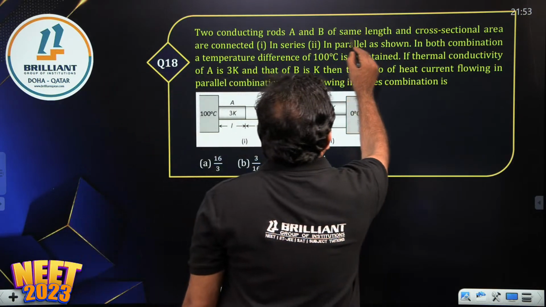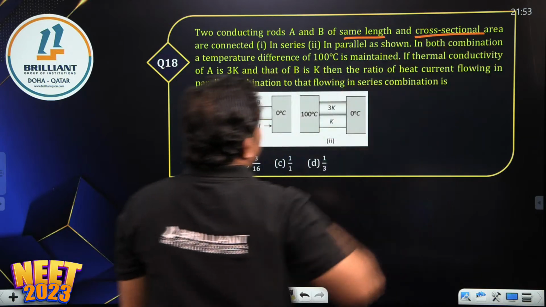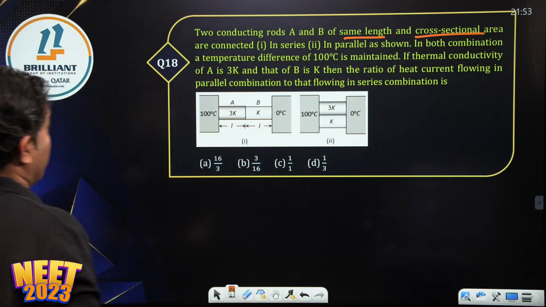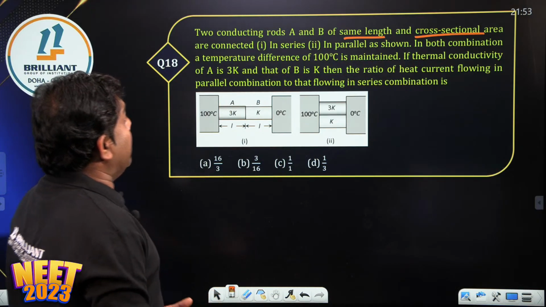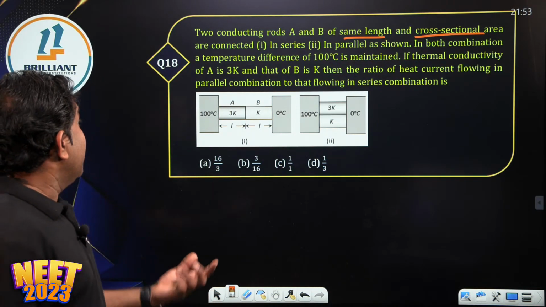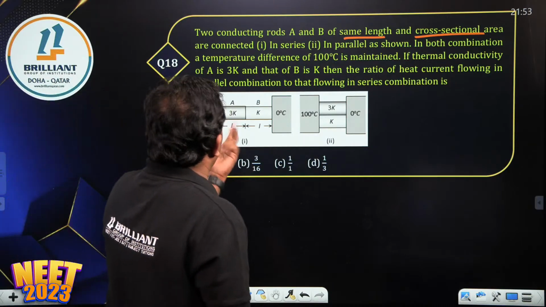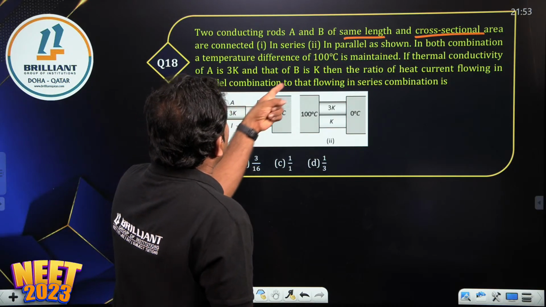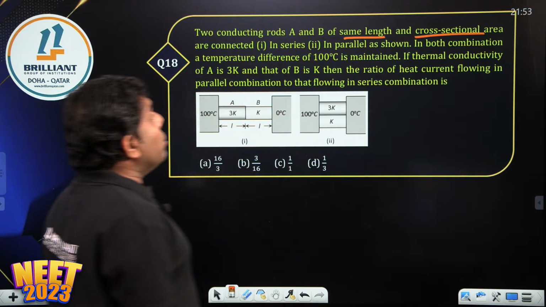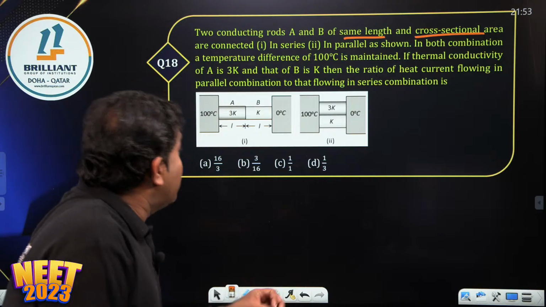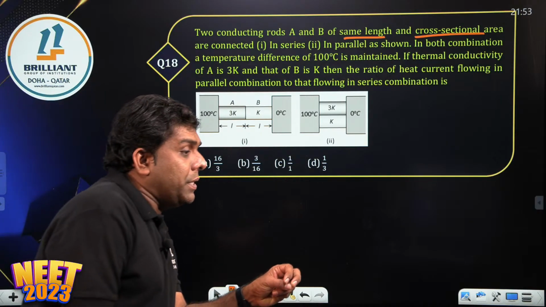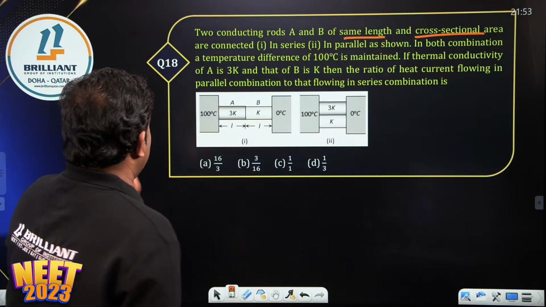In both combinations, a temperature difference of 100 to 0 degrees is maintained. If the thermal conductivity of A is 3K and that of B is K, the ratio of the heat current flowing in the parallel combination to that flowing in the series combination is. So take care of this question.